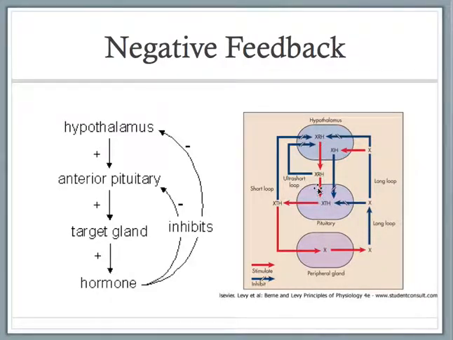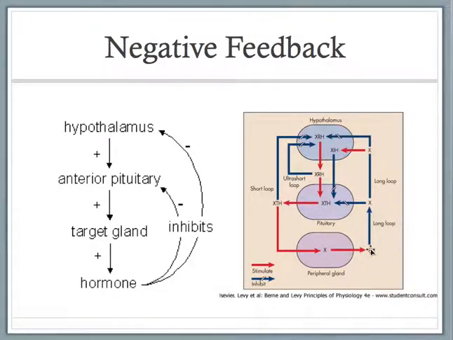Releasing hormone X binds to its receptor on the pituitary, the adeno portion. In response to that releasing hormone, we get our tropic hormone. So releasing hormone X stimulates the release of tropic hormone X, and then tropic hormone X will bind to receptor sites on the actual gland itself, and then we have hormone X released.